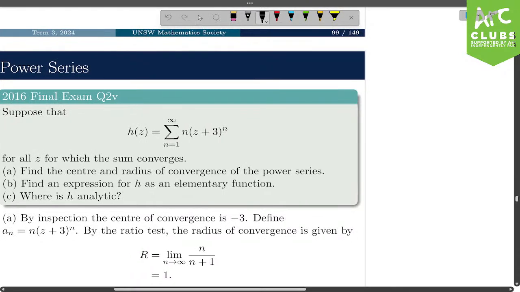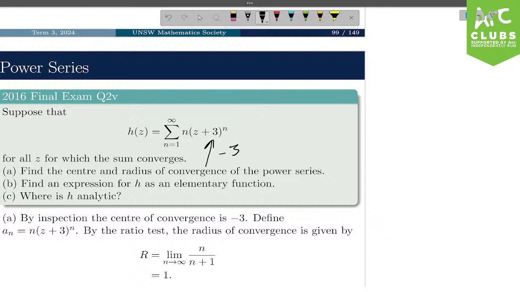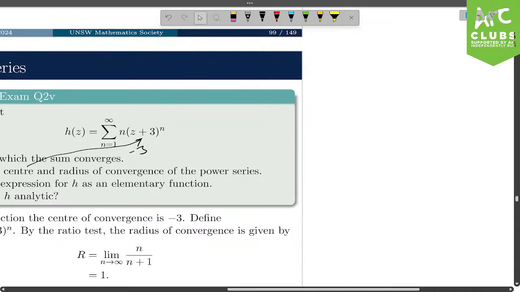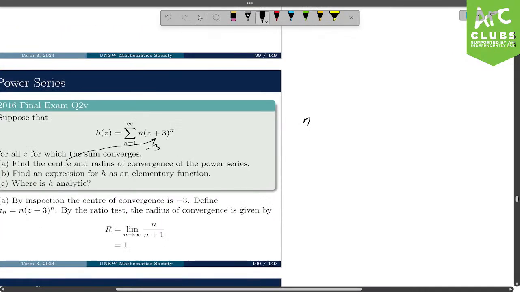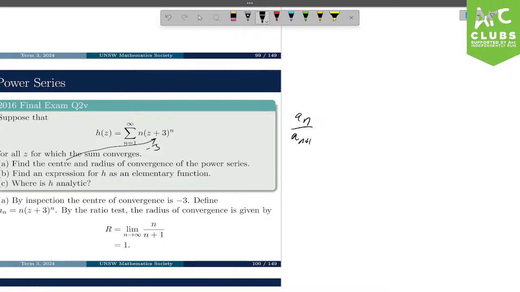Let's think about this. So, looking right here, the center is -3, fantastic. Sorry, not radius of convergence, that's meant to be center, my bad. And then for the radius of convergence, let's run it through the limit test, okay? So that'll just be aₙ on aₙ₊₁ equals n on n plus 1, which goes to 1, so the radius is 1.